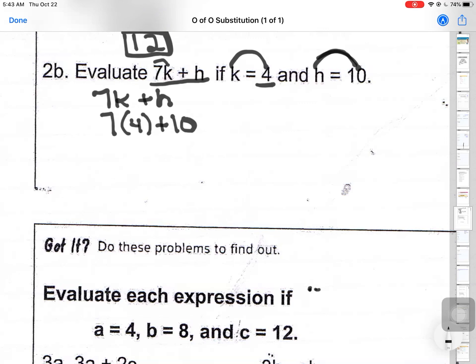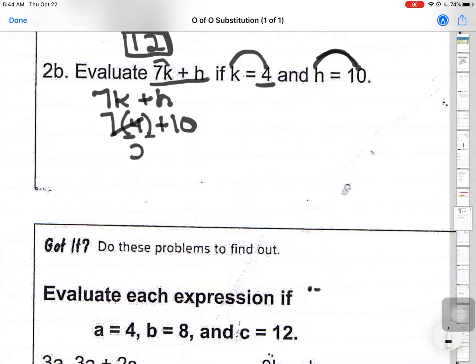Now, according to order of operations, do we have any parentheses or grouping symbols? I should say, because there are parentheses, but don't get confused. In this case, these parentheses mean, again, multiplication. So no grouping symbols, no exponents or roots. Multiplication or division, yep.